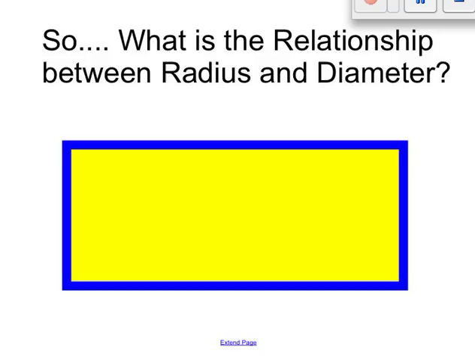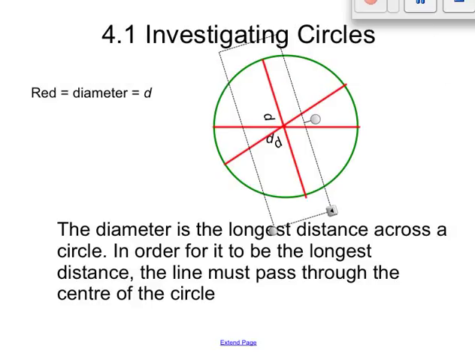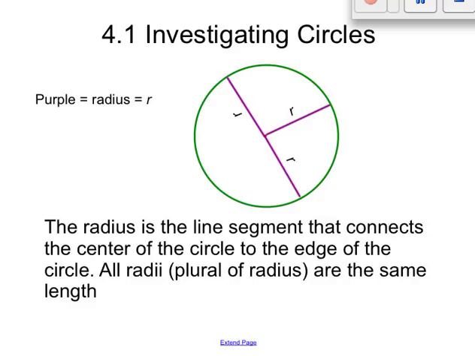So what's the relationship between the radius and the diameter? Well, if we look back at it, the diameter goes from one side of the circle to the other, passing through the center. The radius, or radii, if there's more than one, only goes from the center out to the edge, which is halfway across the circle.